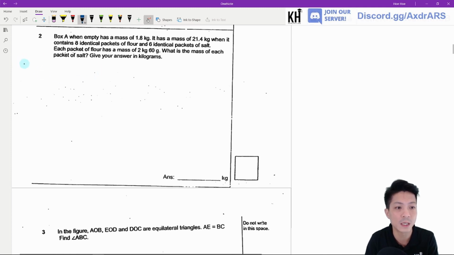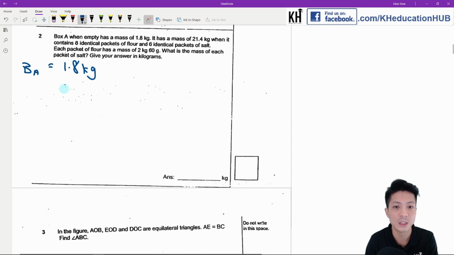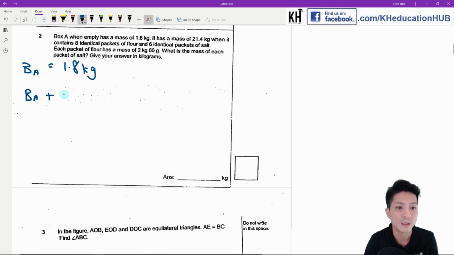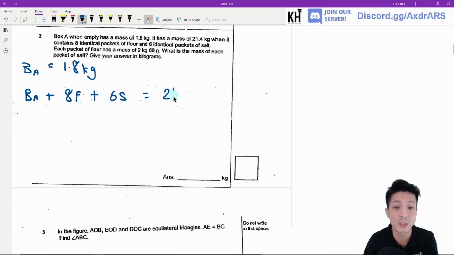Okay, so box A is equal to 1.8 kg. It has a mass of 21.4 kg when it contains 8 identical packets of flour and 6 identical packets of salt, which means that box A plus 8 packets of flour plus 6 packets of salt will be equal to 21.4 kg.